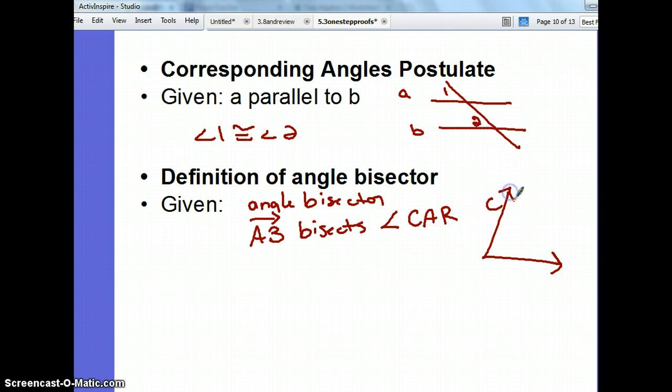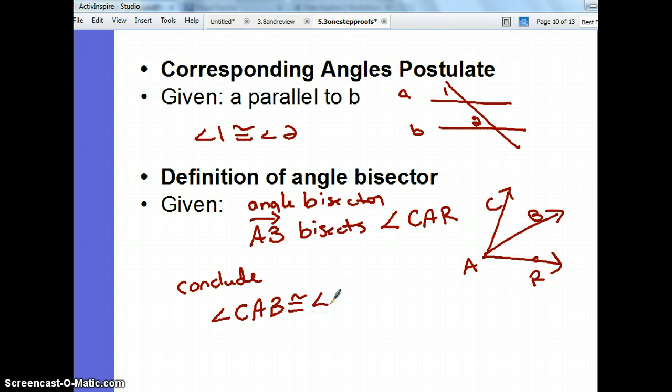So here's our angle CAR. There's AB. If it bisects it, then we can conclude that angle CAB is congruent to angle BAR.